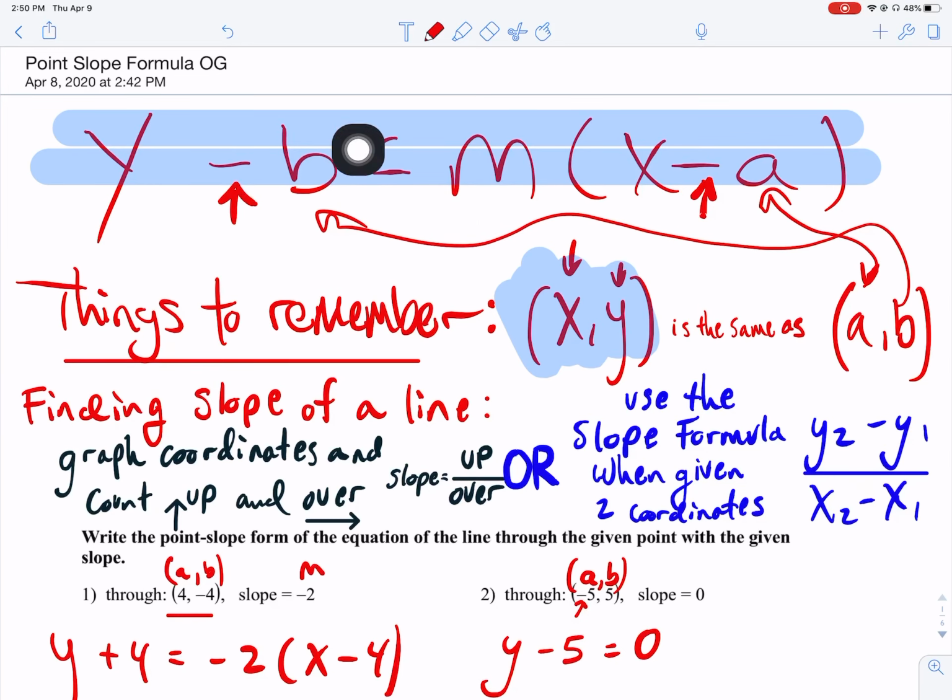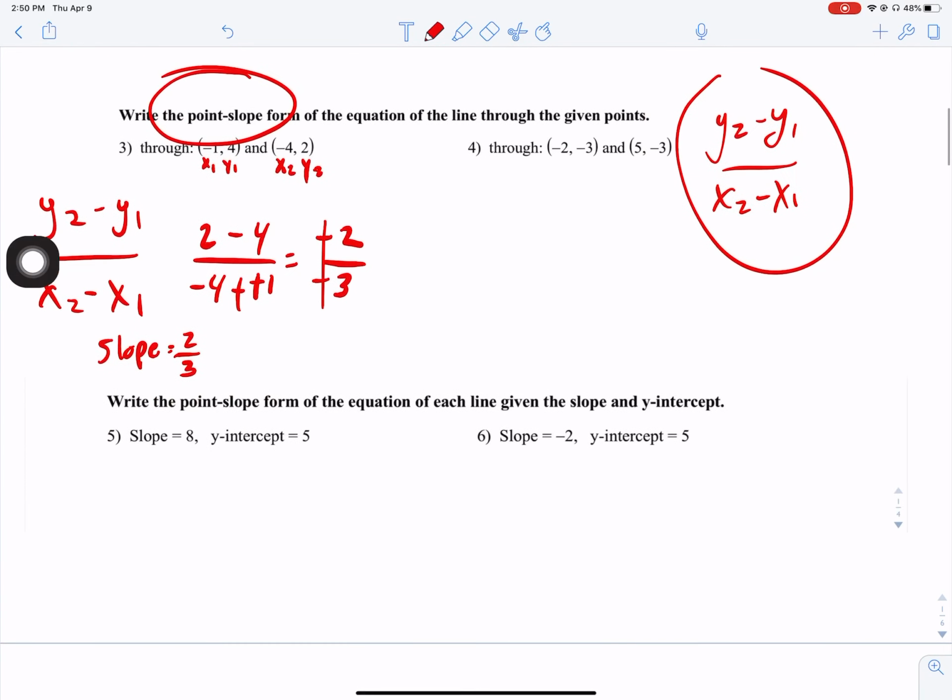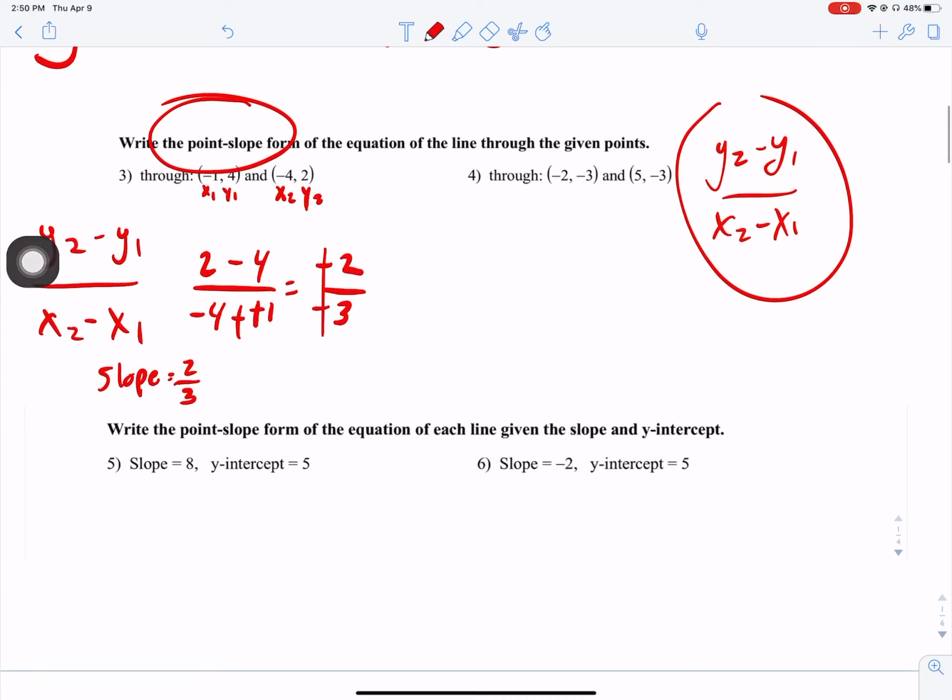And all we need to do now is plug in one of the coordinates, our choice. So we'll plug in the first coordinate, it doesn't matter. So y minus b equals m times x minus a.